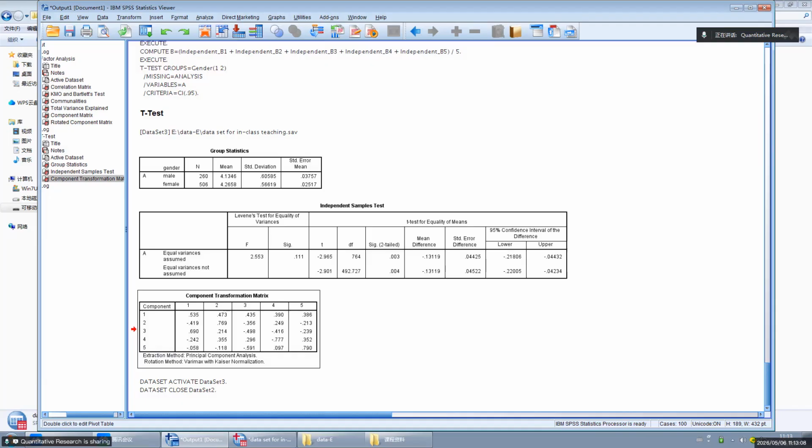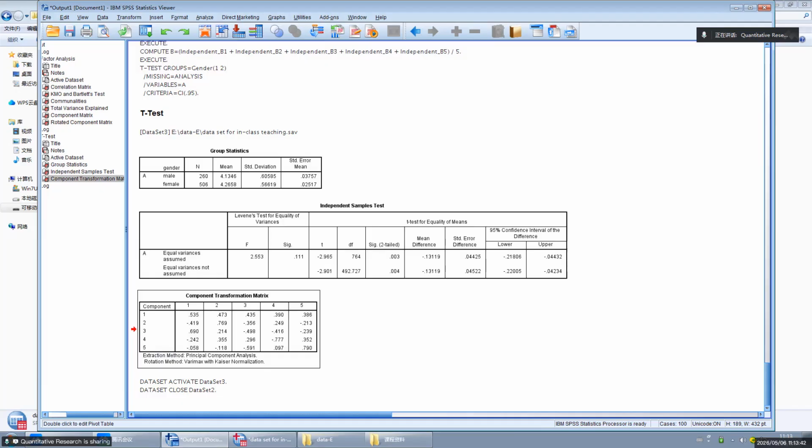For this data analysis, we have two assumptions: one is that the variance is equal, the other is that the variance is not equal. When this p-value is not significant, the equal variance assumption is confirmed, so we go to the first row.